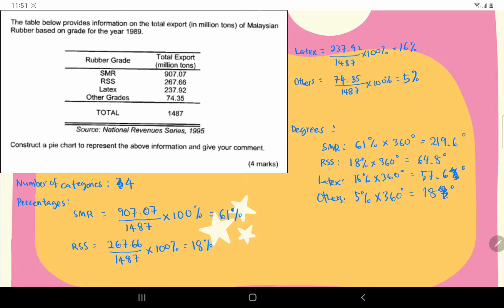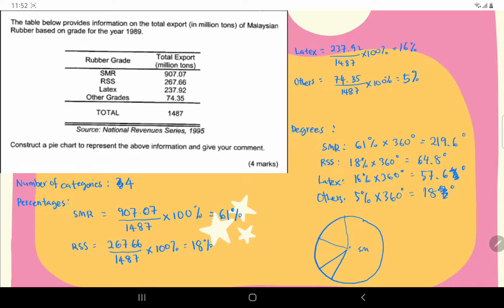Okay, so you draw a round shape, and you need to estimate the degrees of each of the sectors: 219.6, 64.8, 57.6 and 18 degrees. Maybe you can use your protractor. So it is roughly like this.